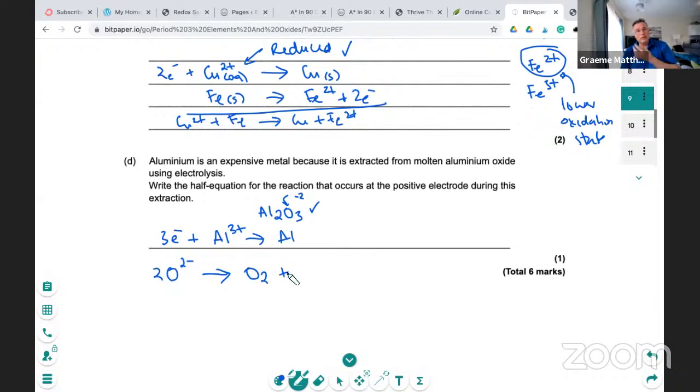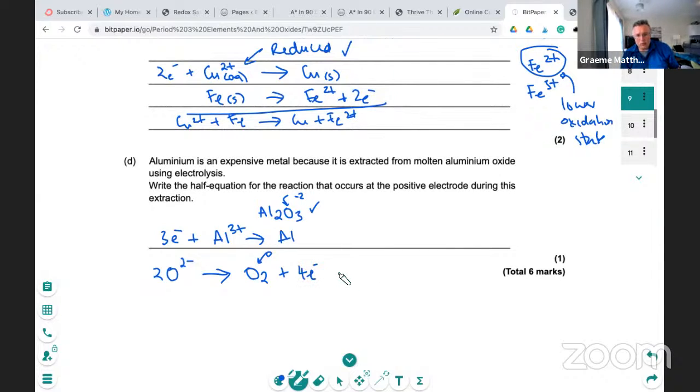And now this is a bit you got to think, right? You're thinking this is 0 oxidation state. So each oxygen is going to lose 2 electrons. I've got 2 oxygens, so therefore I would have to have 4 electrons, okay?